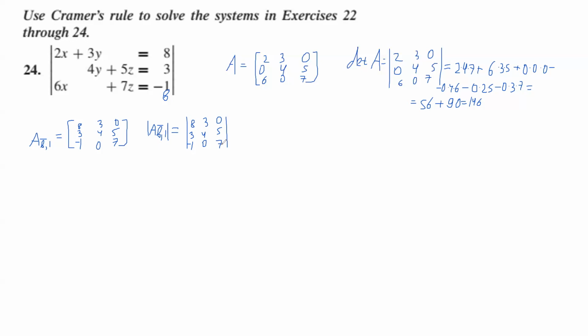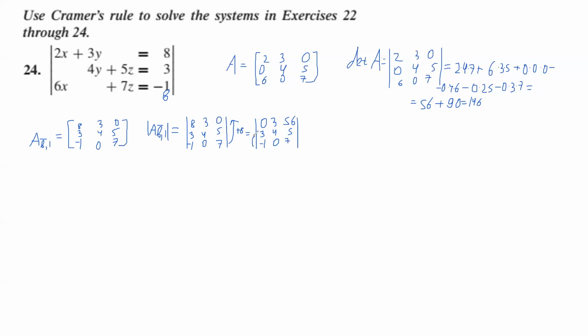In order to do this, we can, for example, add the last row to the first row multiplied by 8. So I will get 0, 3, 8 times 7, 56. Then here I will have 3, 4, 5, which is not changed, and minus 1, 0, 7, which is also not changed.